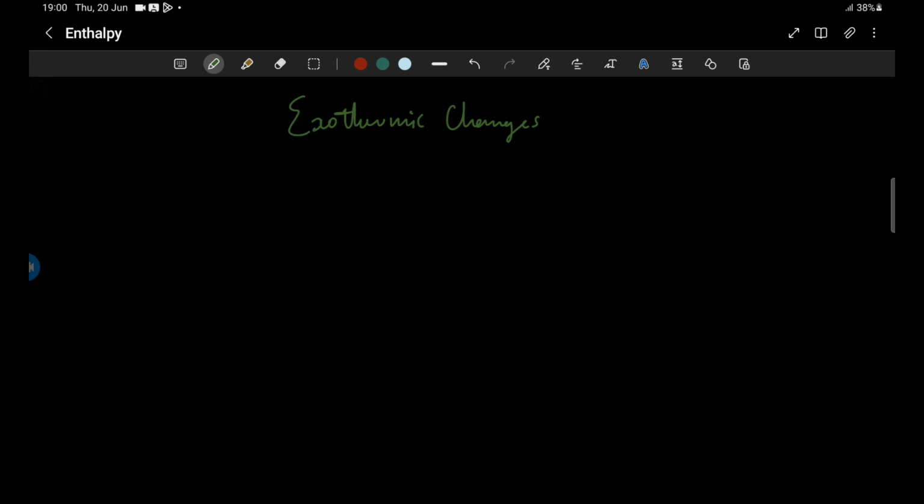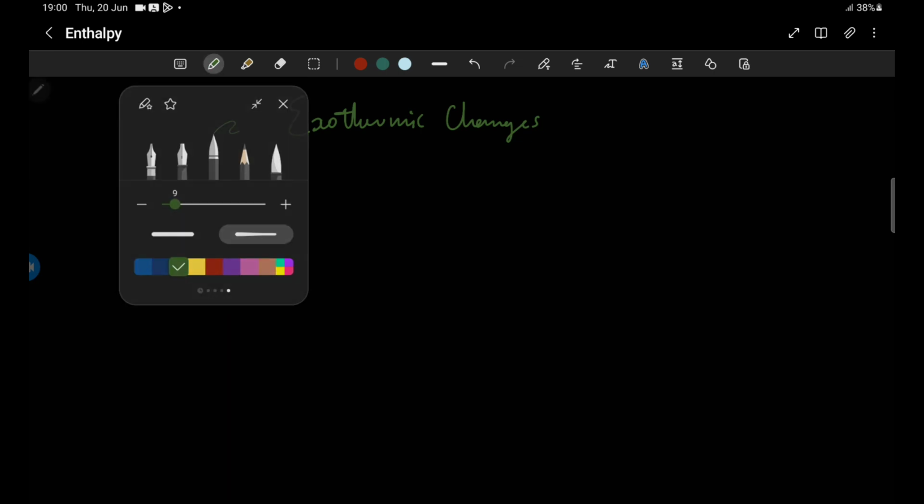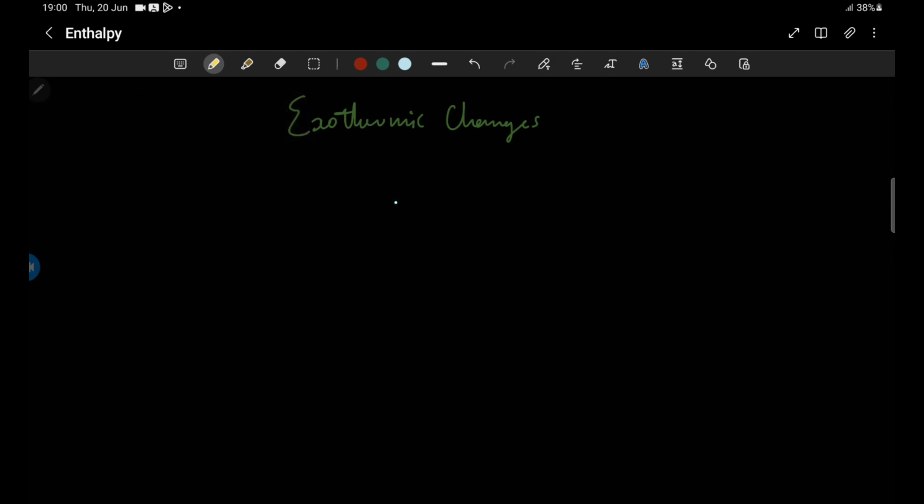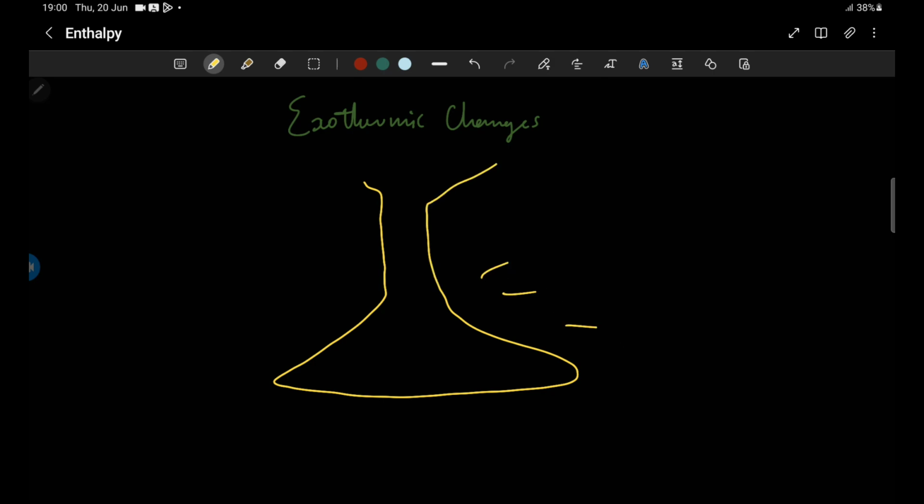Now for exothermic, that is when the heat is liberated to the surroundings. So the material or the container becomes hotter than it should be. So it gives out heat. By the time you touch it, it feels hot to the touch.